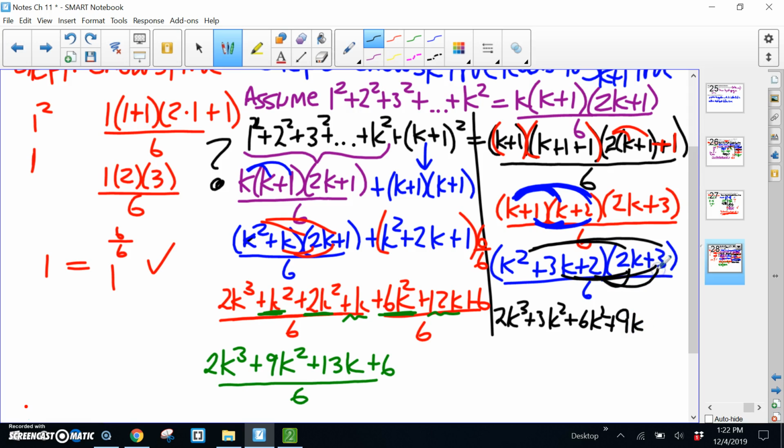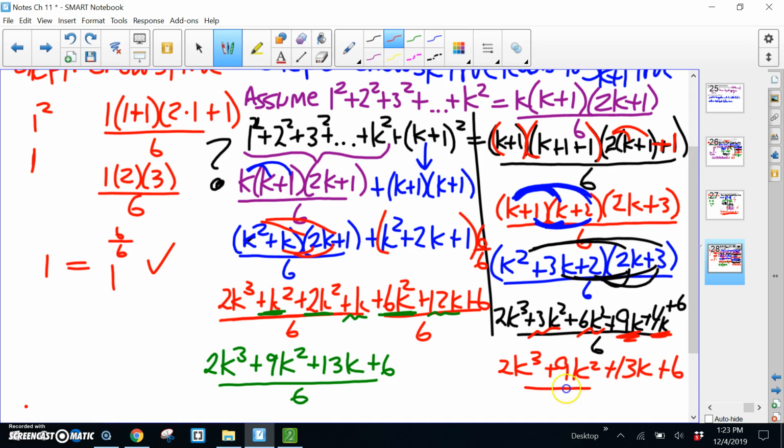That's 4k plus 6 over 6. Combine those like terms. I see 2k to the third. I've got plus 9k squared plus 13k plus 6 all over 6. All right, so after all of that, now we can see that they're equal.